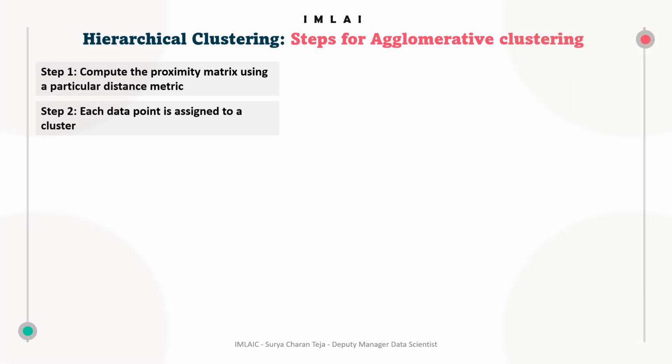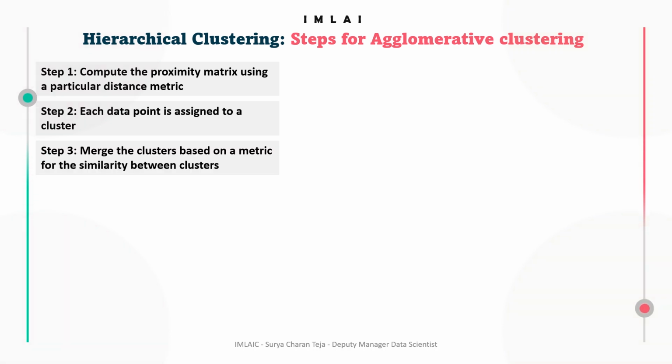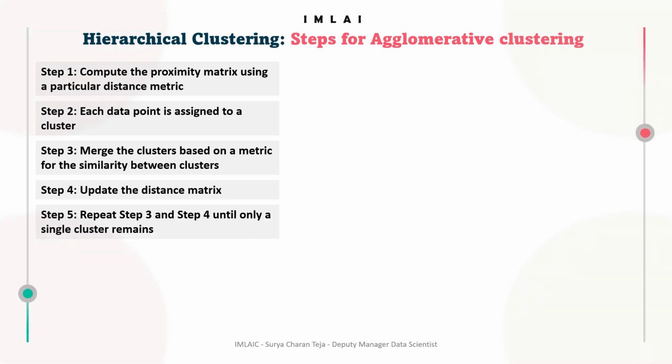Once that is done, each data point should be assigned to a cluster, so we consider each data point as a cluster. Then merge the clusters based on a metric for the similarity between the clusters. Then update the distance matrix. And the final step, repeat step 3 and step 4 until only a single cluster remains.